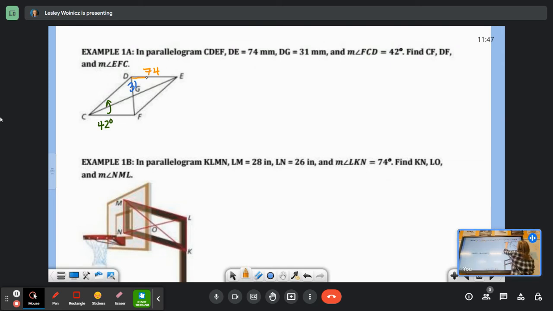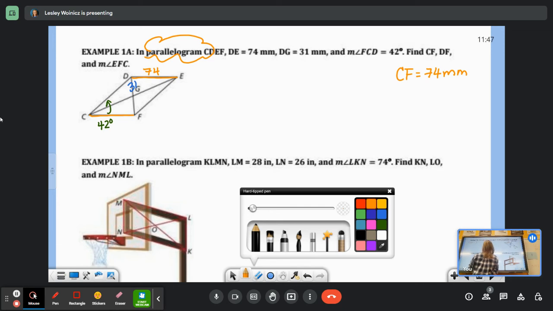Because if this one is 74, then this one has to be 74, because we know that it's a parallelogram. So CF is 74 millimeters. Let's be good and write units. Okay, let's do DF.